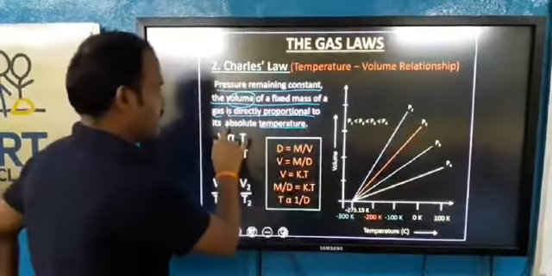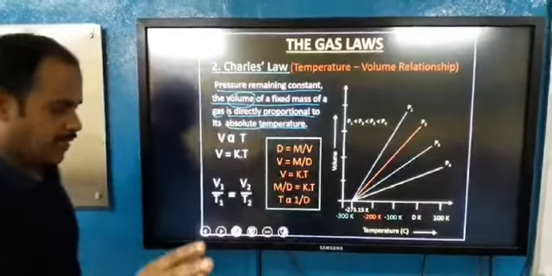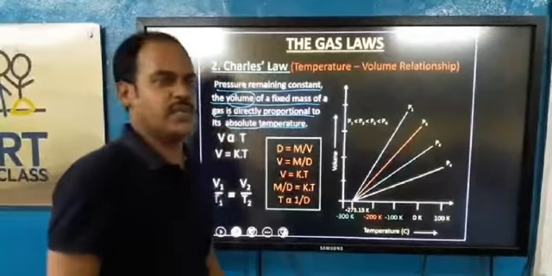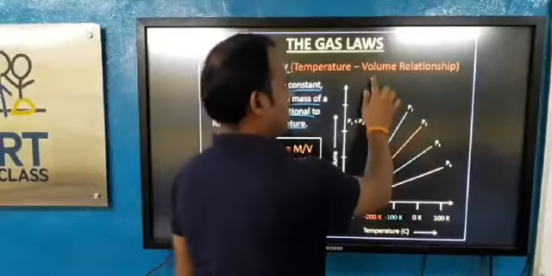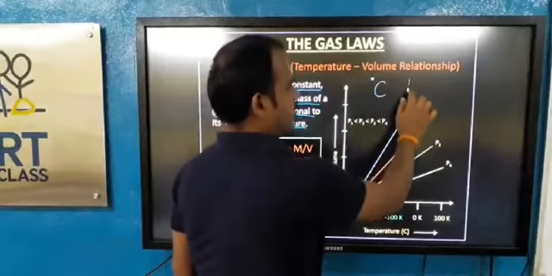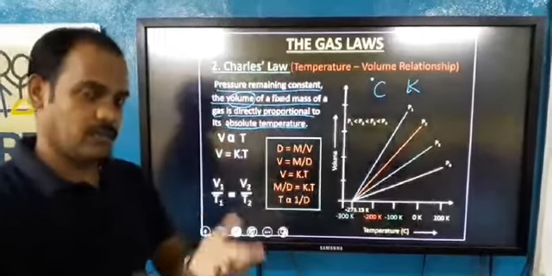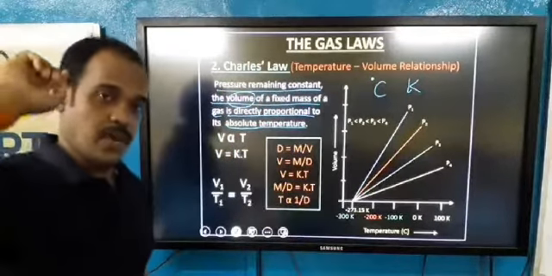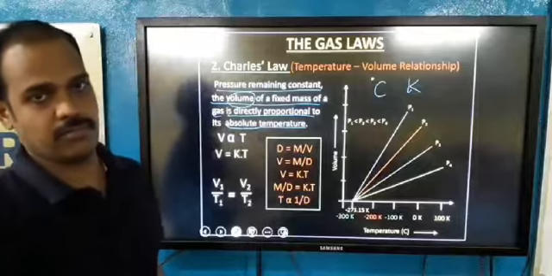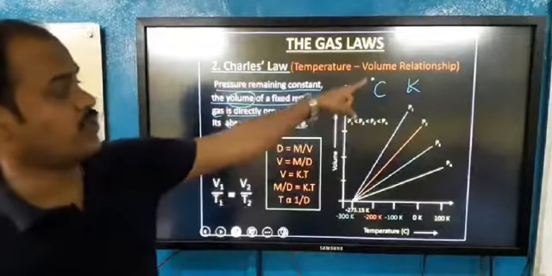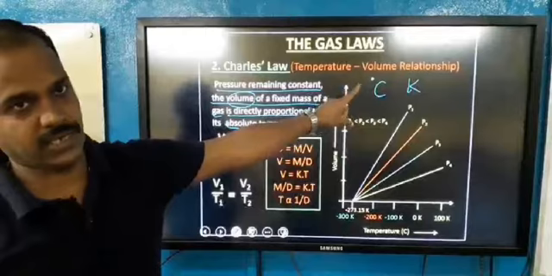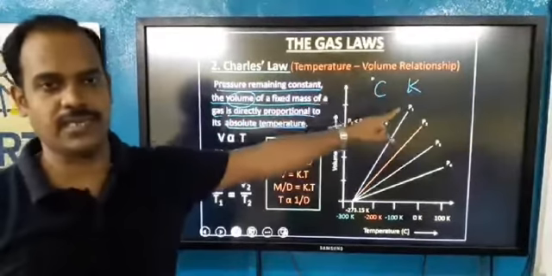So now here, what is absolute temperature? We use temperature in two different units. First unit is degree centigrade and second unit is Kelvin. So here first remember this thing, note it down. In all scientific calculation we will use Kelvin scale. Don't use Celsius. Always use Kelvin scale.